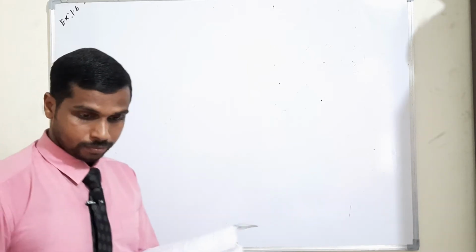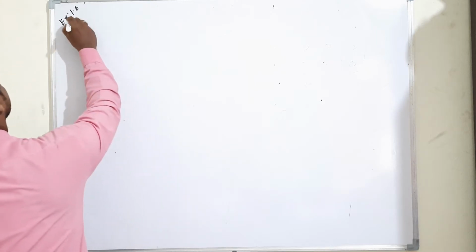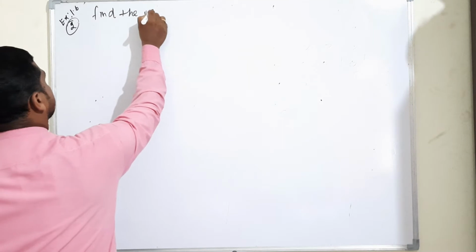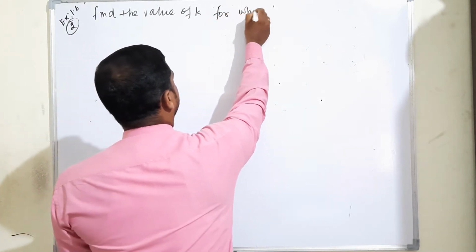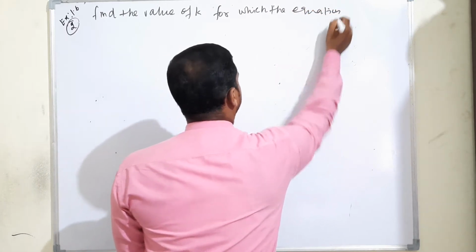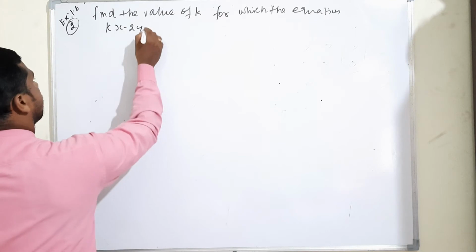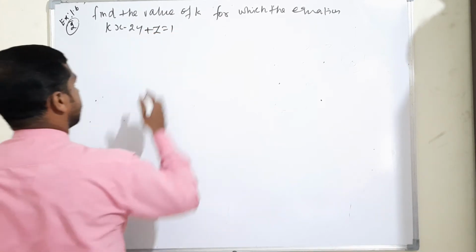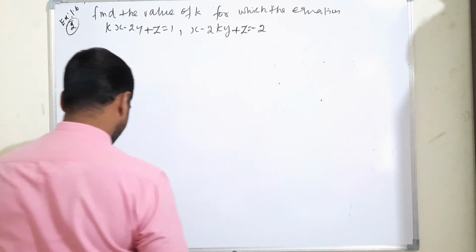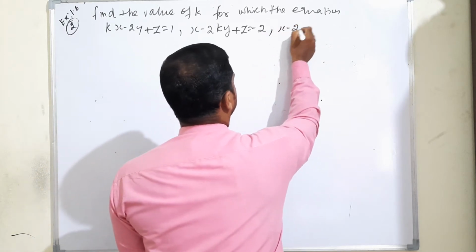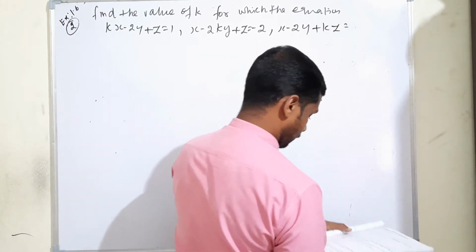Question number 2: find the value of k for which the equations, what are the equations? kx minus 2y plus z is equal to 1, x minus 2ky plus z is equal to minus 2, x minus 2y plus kz is equal to 1.